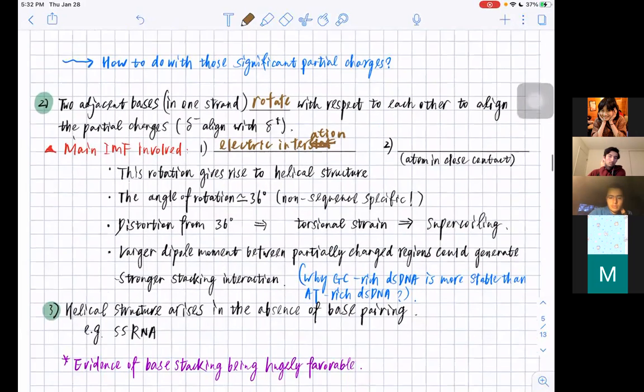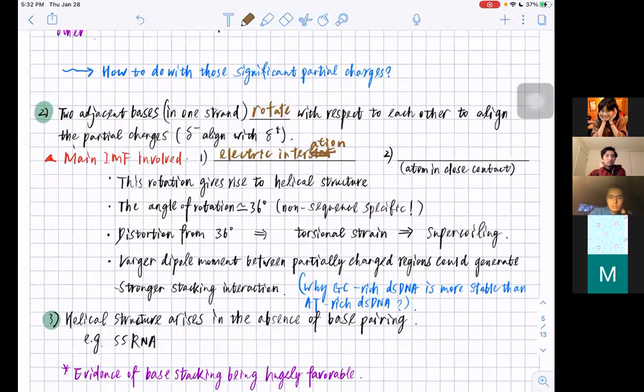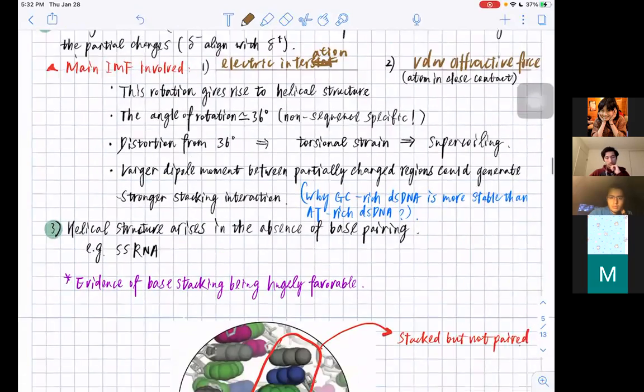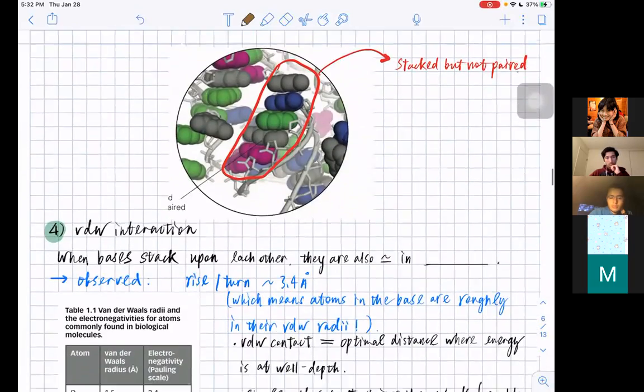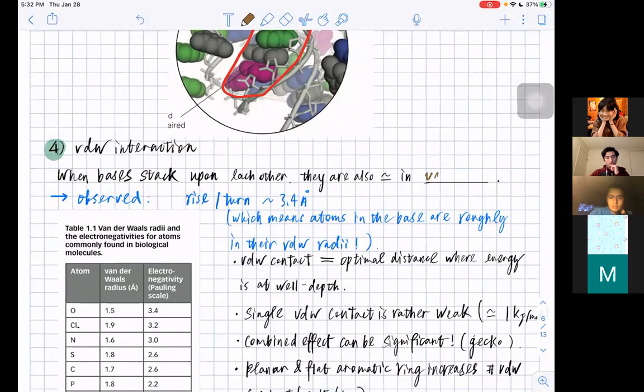The second intermolecular force that is involved is the van der Waals attractive force, or van der Waals interaction, because atoms are brought into close contact. More specifically, they're in van der Waals contact. This can be testified by the simple observation that rise per turn is roughly 3.4 angstrom.